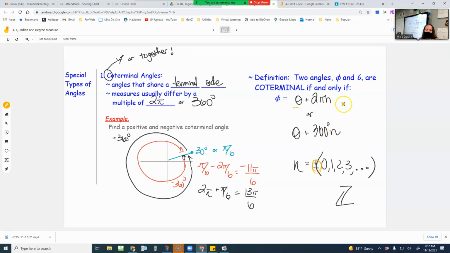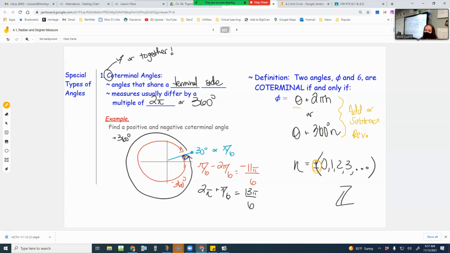Both of these are talking about that we can add revolutions or subtract revolutions. Now, careful, it has to be an entire time around a circle. Add or subtract whole revolutions, which is why I need the 2 pi, which is why I need the 360 to get all the way around.